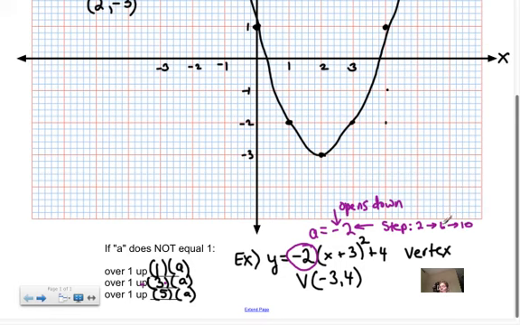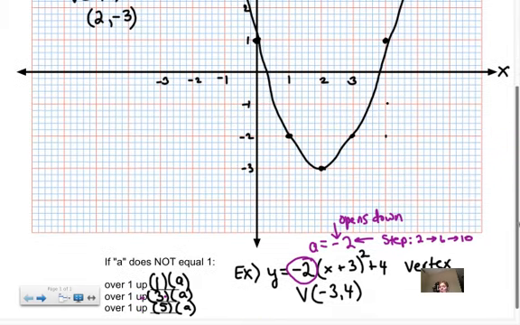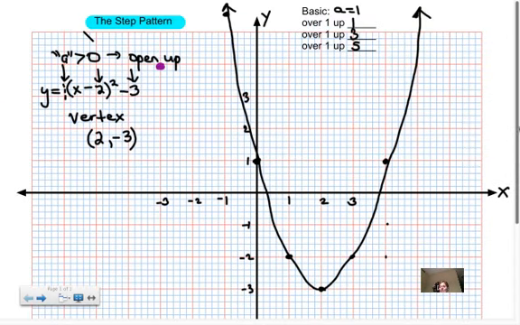So 2, 6, 10, those are going to be my next points, but because it's negative, we have to go in the negative direction. So I'm going to be going over 1, down 2 to get to my next point. Over 1, down 6. 1, 2, 3, 4, 5, 6 to get to my next point. And that's going to repeat on the other side.